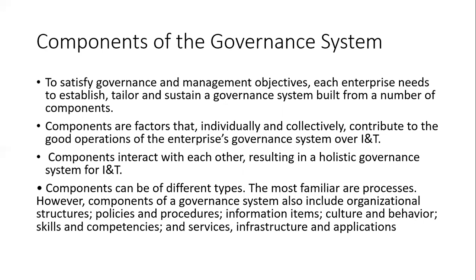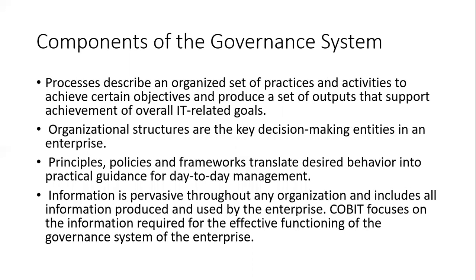So components are factors that individually and collectively contribute to the good operations of the enterprise governance system over information and technology. Components interact with each other, resulting in a holistic governance system for information and technology. So the components are actually 7.